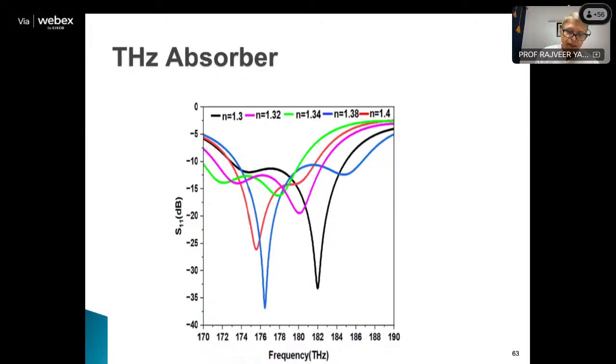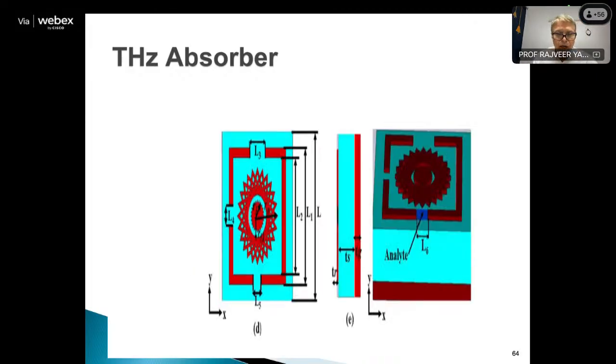Now again, we can see that depending on the refractive index, a shift in frequency is depicted with this particular graph. Here we can see the response of the structure depending on the value of permittivity of the material, which will differ with the concentration of blood glucose.